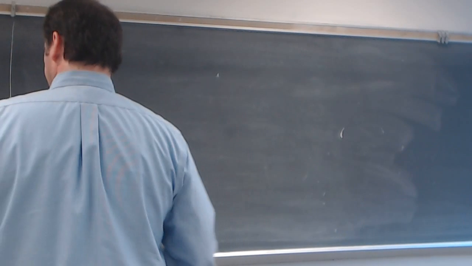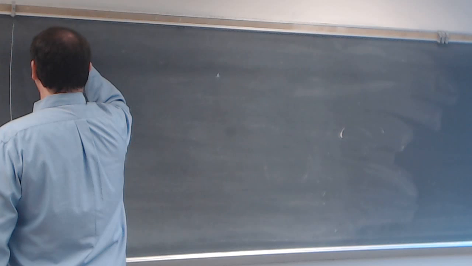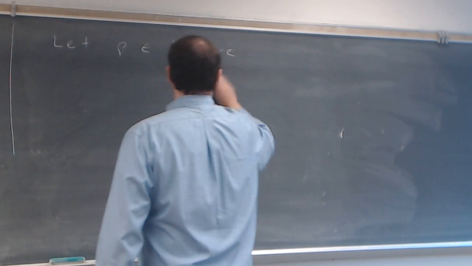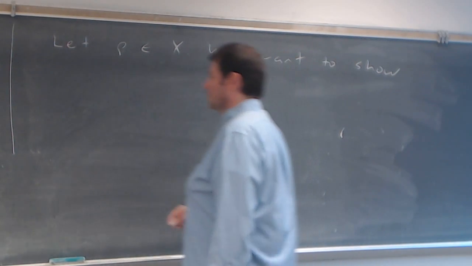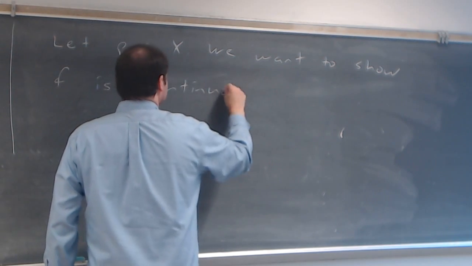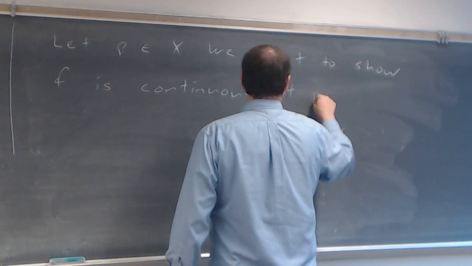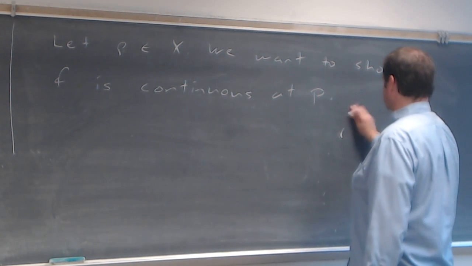So how are we going to show that f is continuous on X? Well, by the definition, that means that f has to be continuous at every point in X. So we're going to start off by letting p be a point in X, and we want to show f is continuous at p. Okay. So we're going to let an epsilon greater than 0 be given. We'll use the definition of continuity.